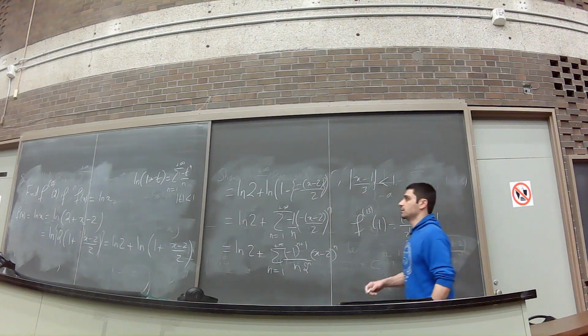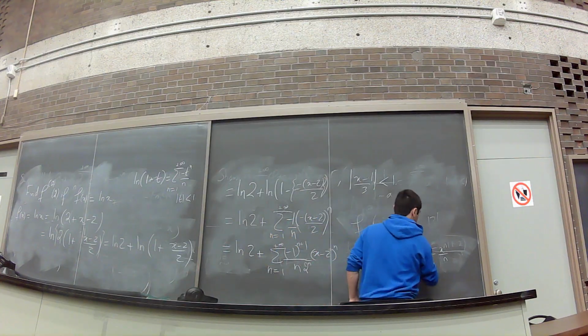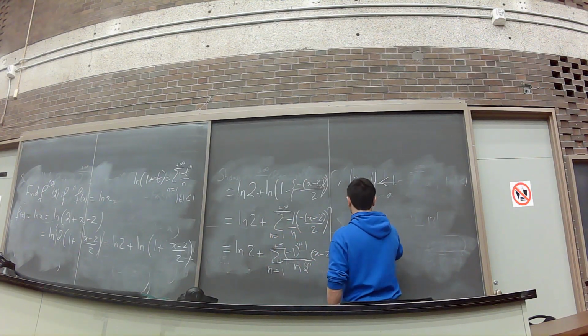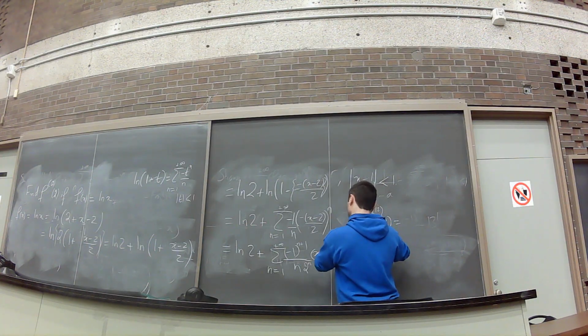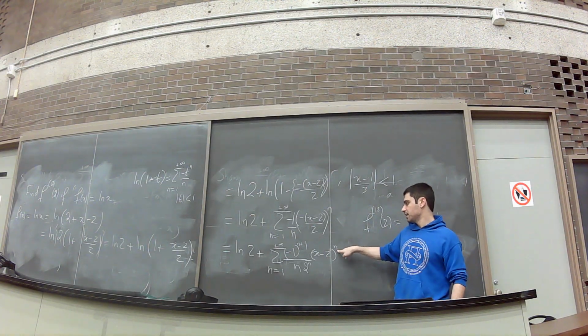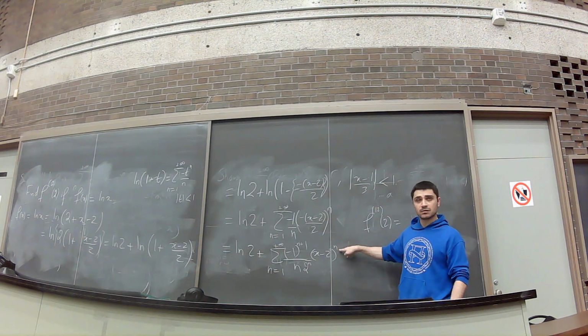So what is the coefficient of f^(12) at 2? So what is the coefficient of (x - 2) to the 12 here? For what value of n do you get (x - 2) to the 12? n equals 12, right?